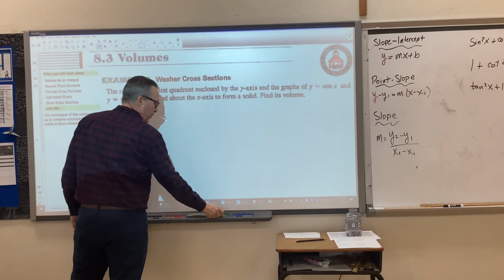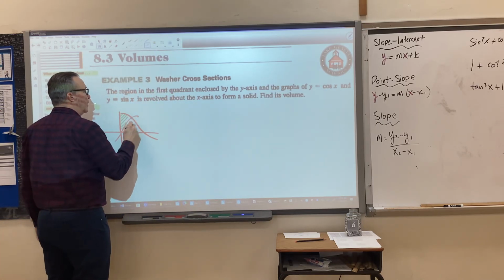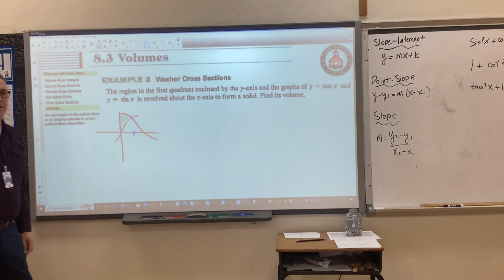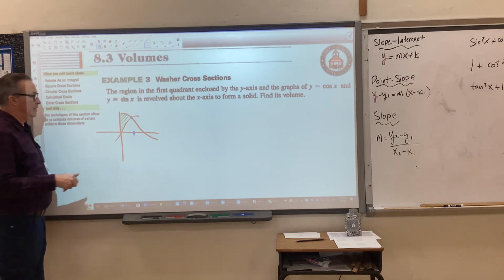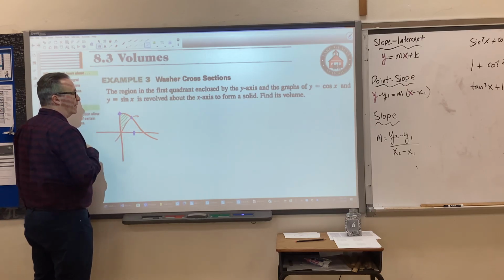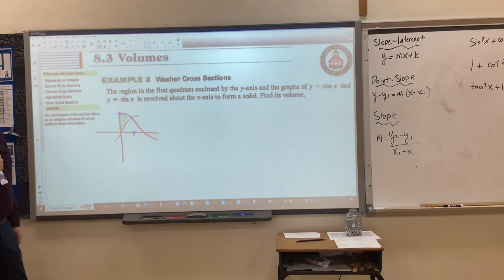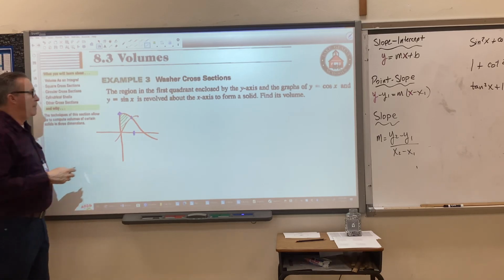Do you know what theta value gives you the same y values, where do these intersect? The x value is pi over 4.